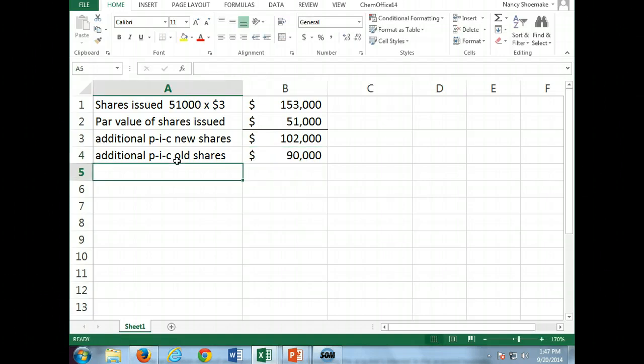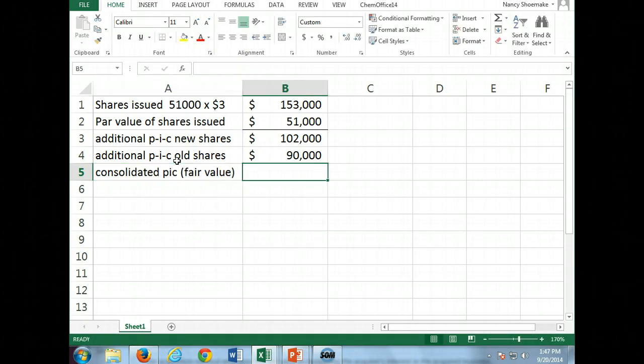So now the new figure we're going to use on the consolidated paid-in capital at fair value is going to be $192,000. Make sense?